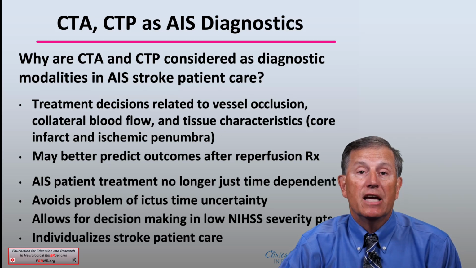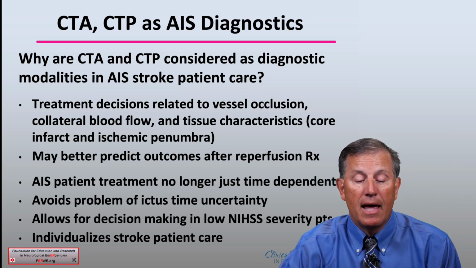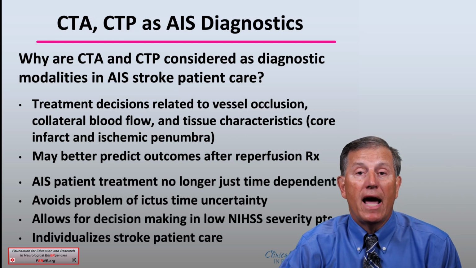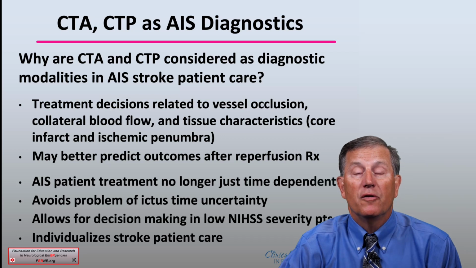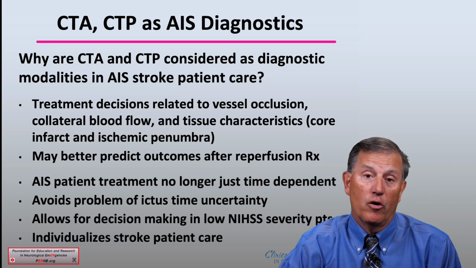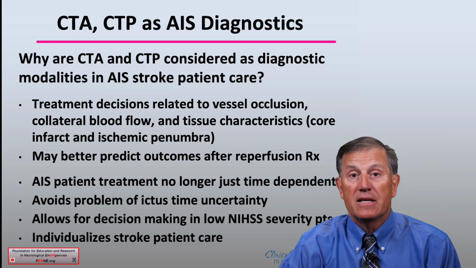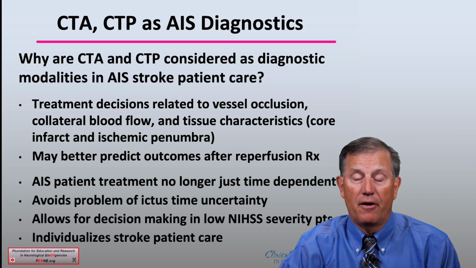It avoids the issue of not knowing for certain when the stroke ictus occurred, and it allows for better decision-making with patients with low NIH stroke scale severity strokes. Most importantly, it does allow the stroke patient care to be individualized to the characteristics of that patient's brain with regard to collaterals, the size of the core infarct, and the size of the ischemic penumbra, which may benefit from our acute aggressive therapies.